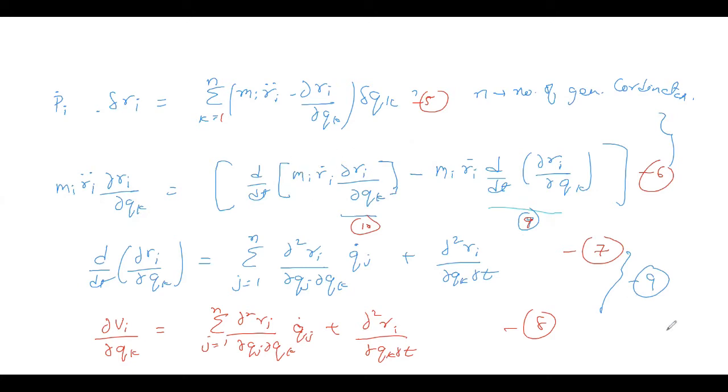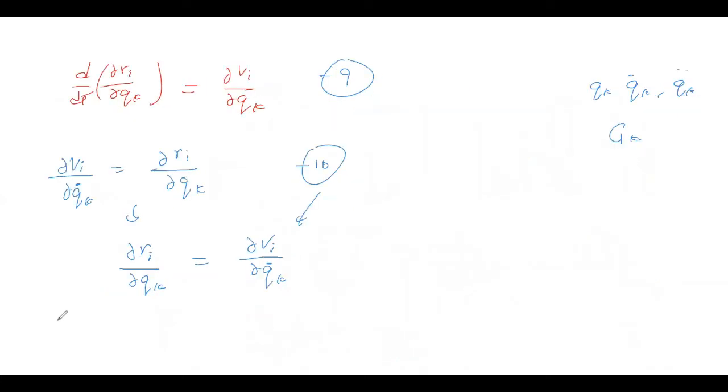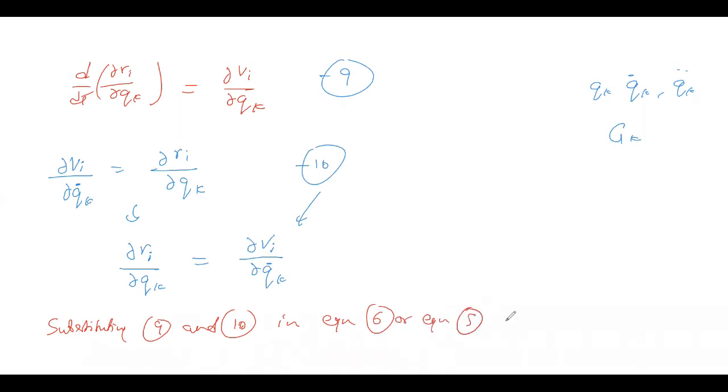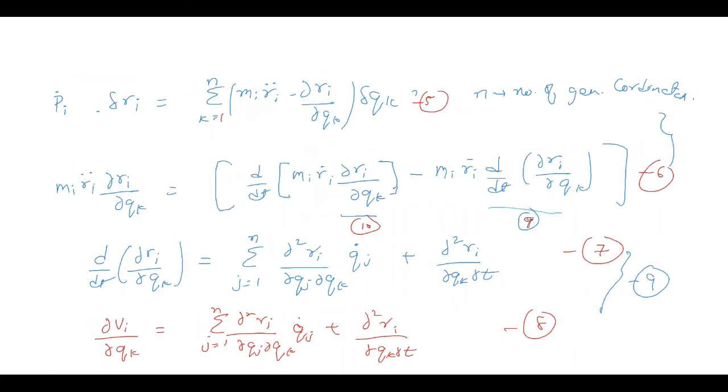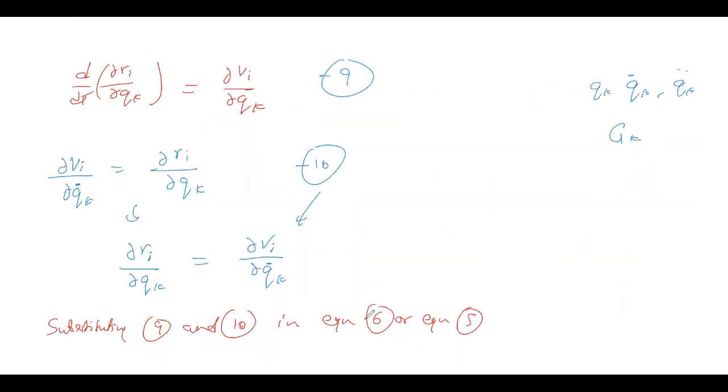So finally, I will write: substituting 9 and 10 in equation 6, or you can say equation 5, because they are just slightly different. The actual equation is equation 5, but we can say that it's equation 6 also.